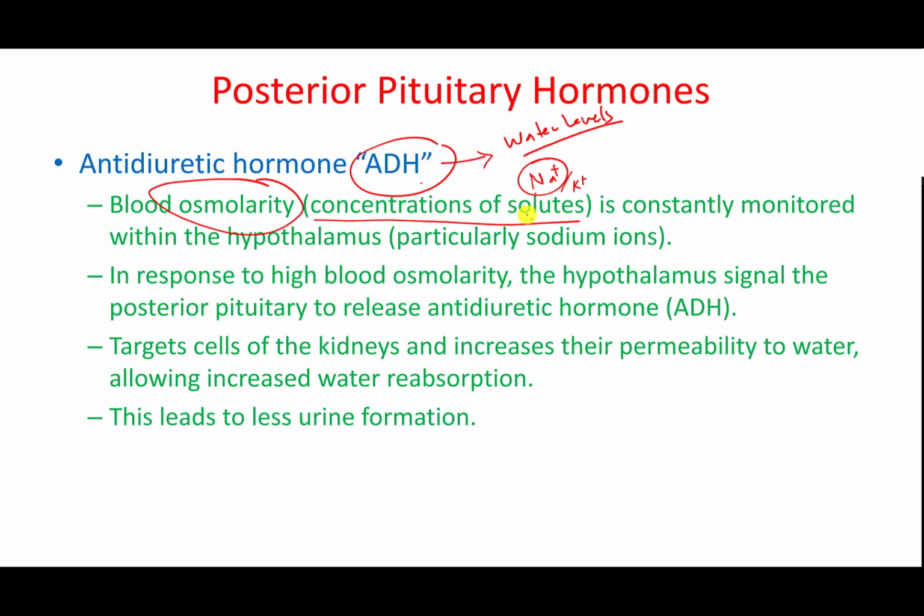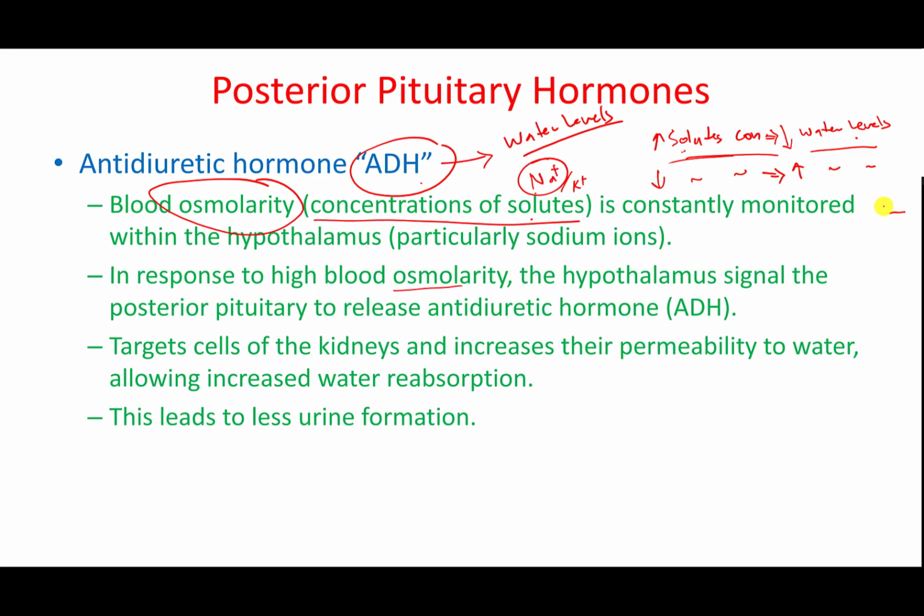So in case we have high blood osmolarity, it means high solute concentrations. This also means we have low water levels. Those are 2 inversely related things. If you have high solute concentration, you have low water levels. If you have low solute concentrations, very likely you have high water levels.